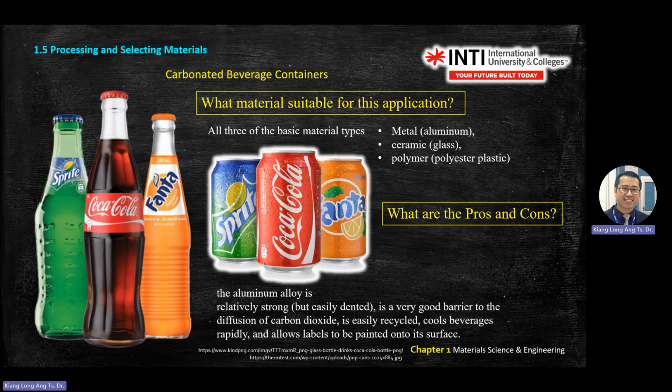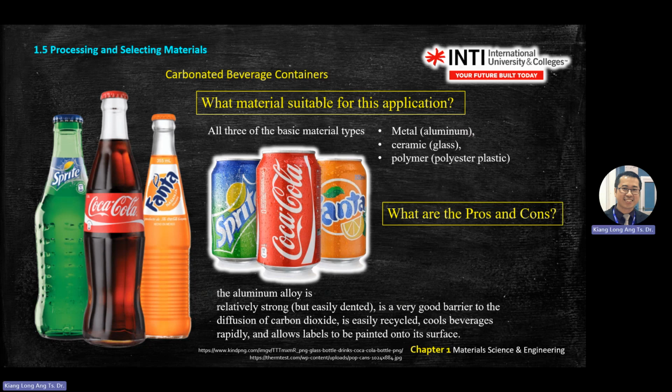And when you answer pros and cons in an engineering module, support your answer with a value. That means you support the answer with some value that you extract from the chart or from the table. So the answer for this one is, if you want to design a can, then you use aluminum alloy. It can fit all these things.